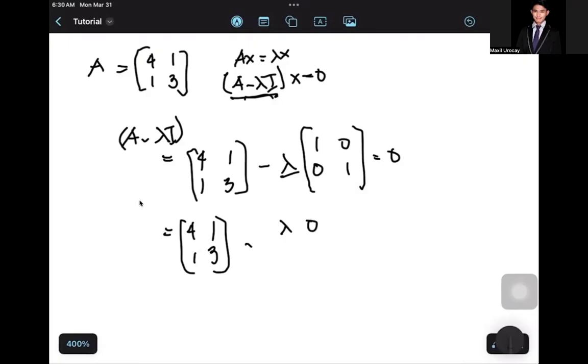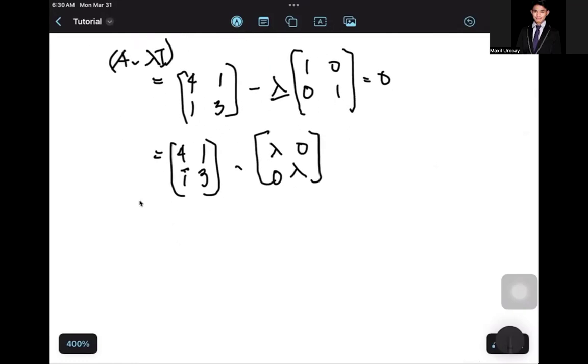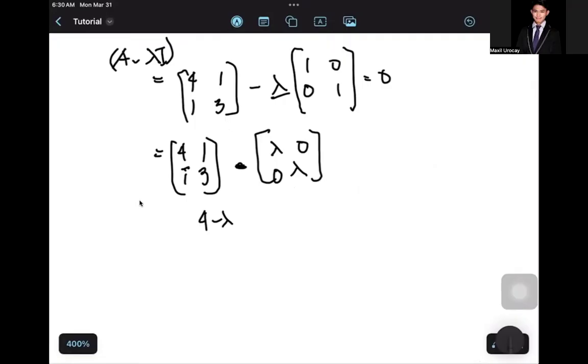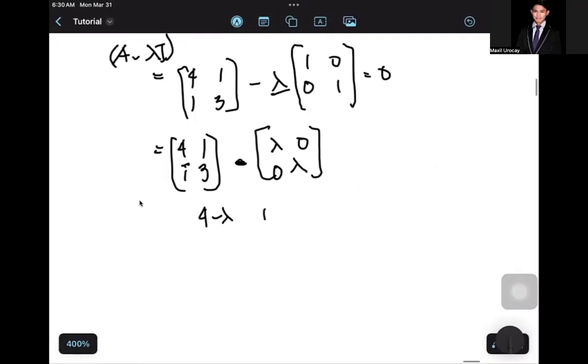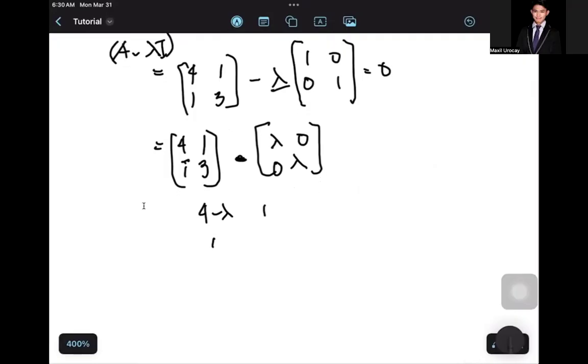Now we perform the subtraction: 4 minus lambda, 1 minus 0 is 1, 1 minus 0 is 1, then 3 minus lambda.